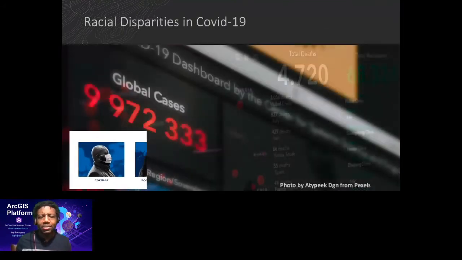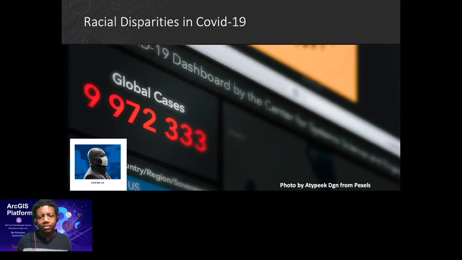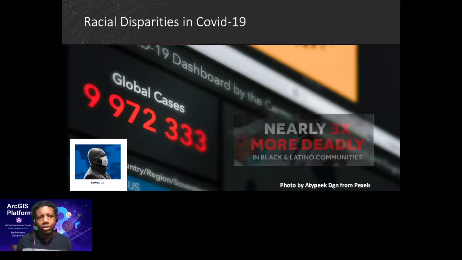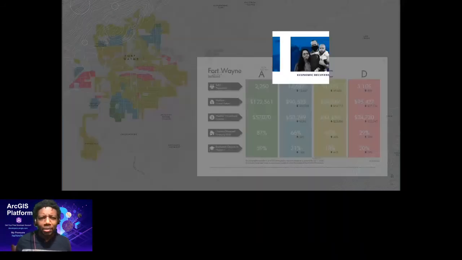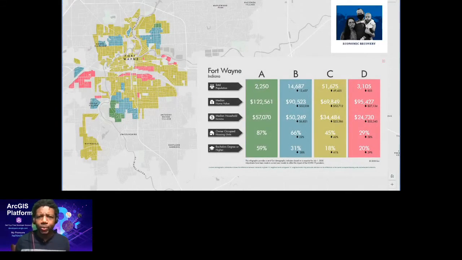It's clear that policies and decisions related to the management of the pandemic must be equitable to address racial disparities in COVID-19 and to address health equity more broadly. Economic recovery must address long persisting racial inequities that have created and sustained poverty in many communities of color.